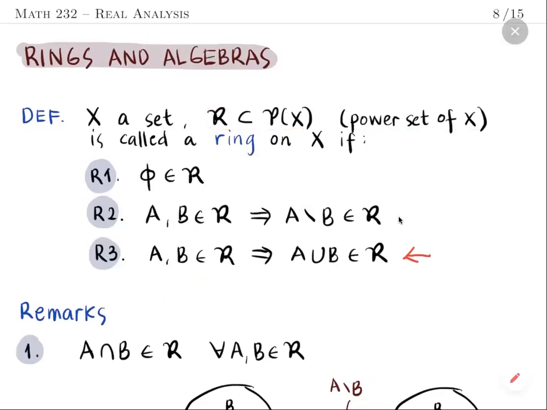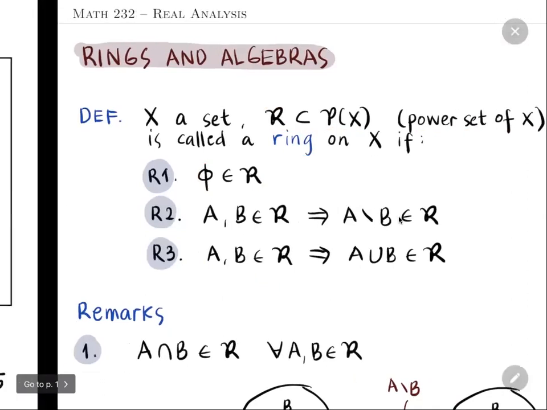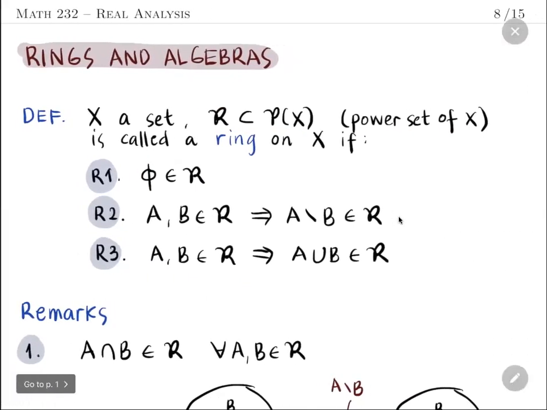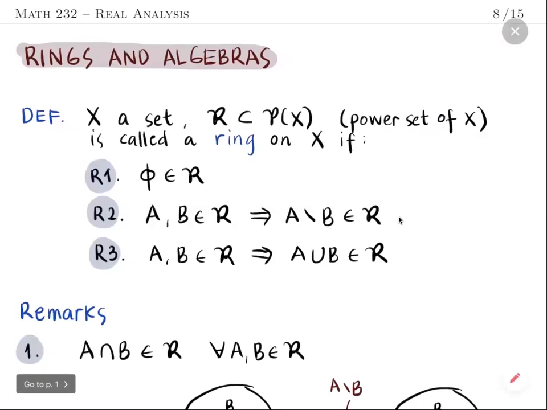And the union is the combination of the two sets. So here we have three properties wherein the intersection was excluded. However, one could show that the intersection of two elements in a ring is also an element of the ring.